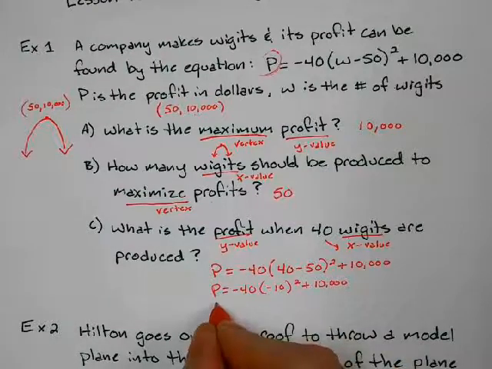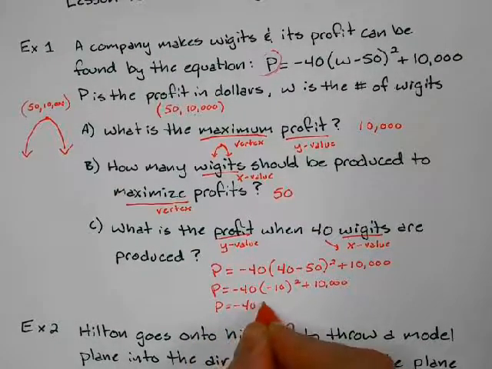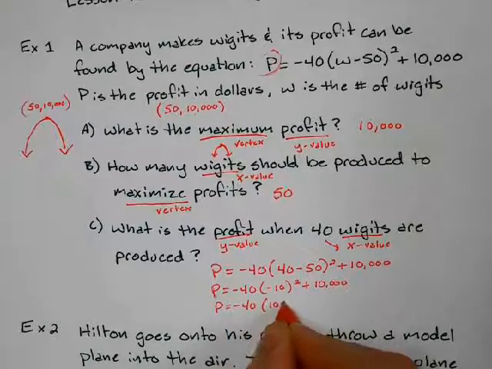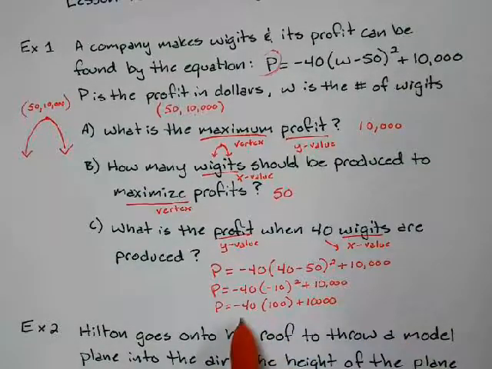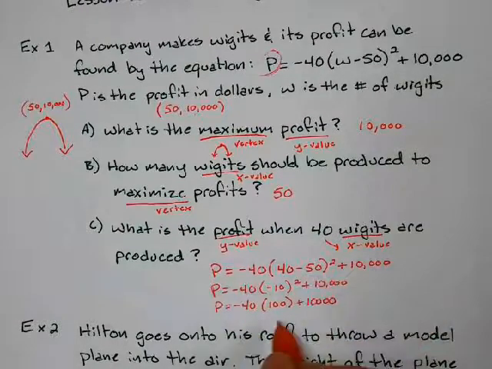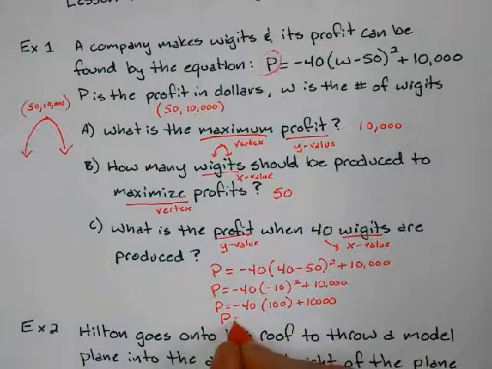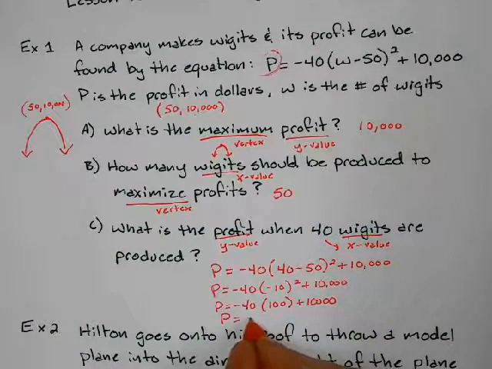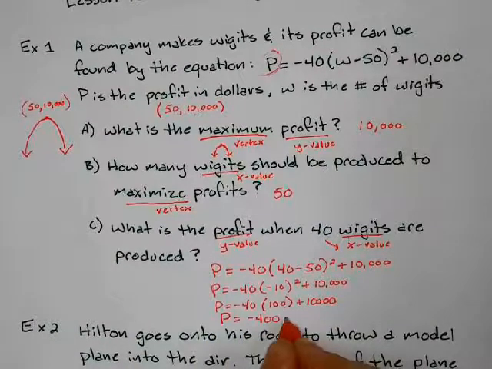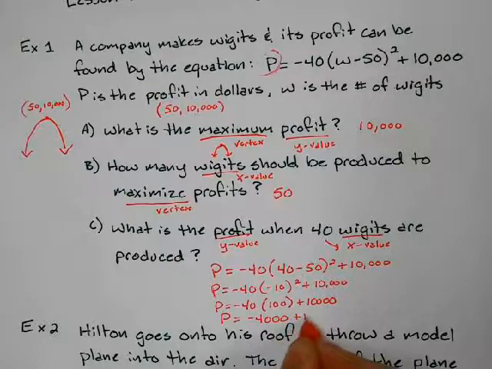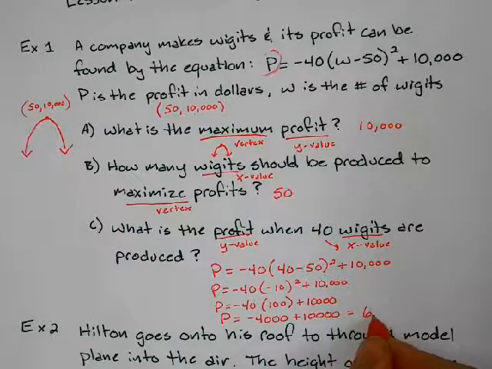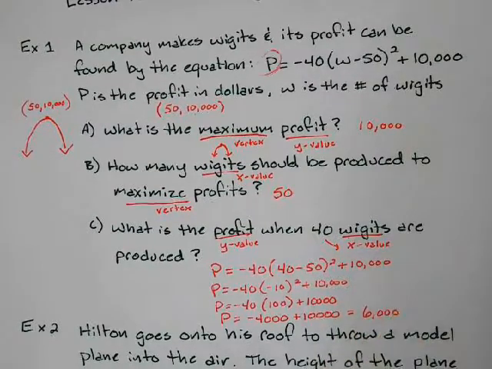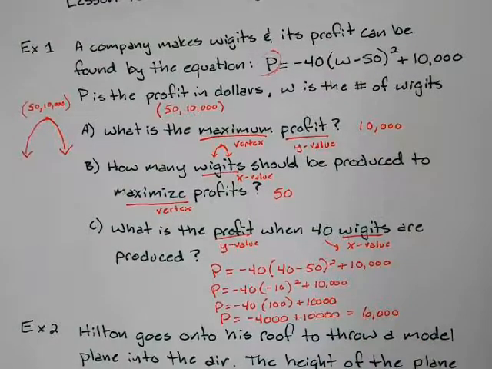So P equals negative 40 times 100, which is negative 4,000. And then that's plus 10,000. So it looks like my profit would be 6,000. Answer. Done. Beautiful.